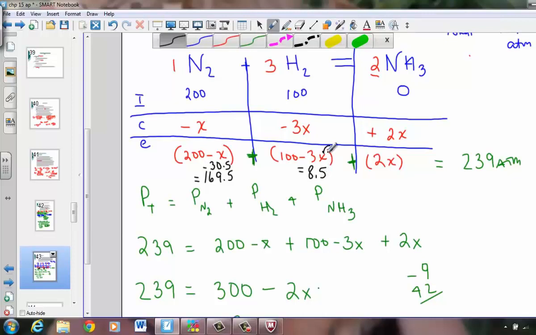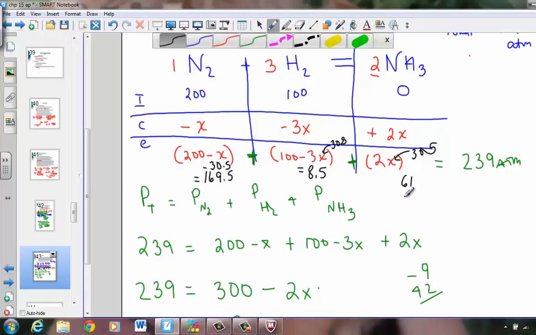The x here, I'm just putting in 30.5. 3 times 30.5, oops, I hit that wrong. 30.5 times 3, we find 91.5. 100 minus that answer is 8.5. I checked that twice. And here we'll have 2 times the value of 30.5. So 2 times 30.5, did you find with me, 61.